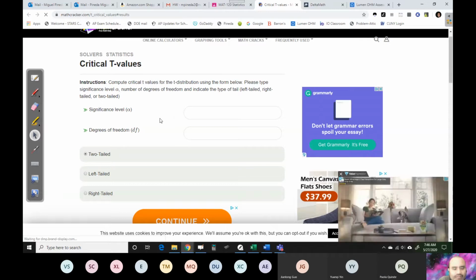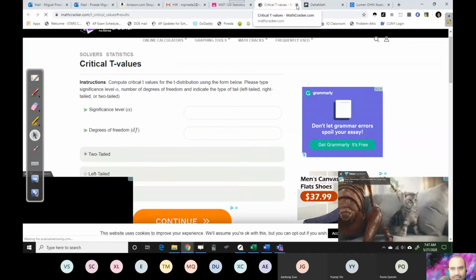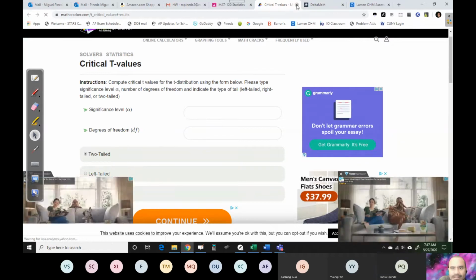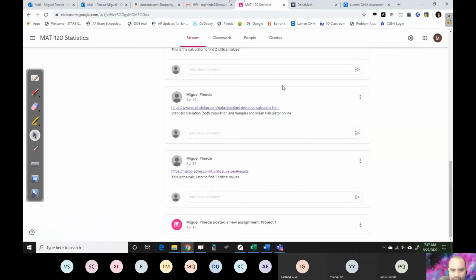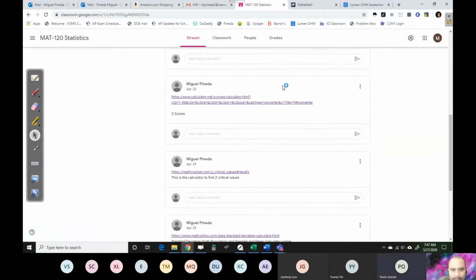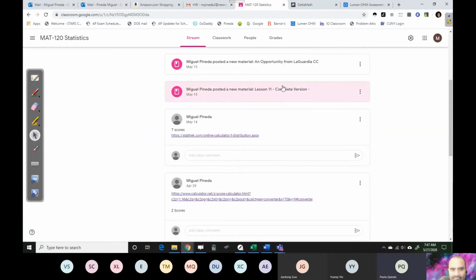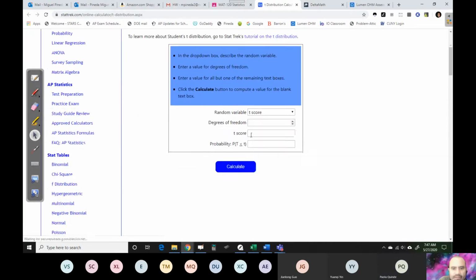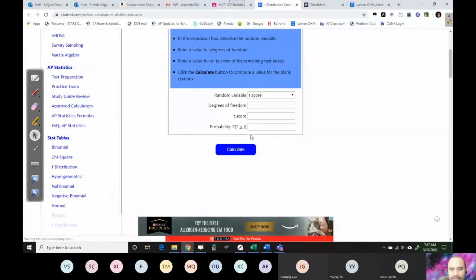We need to find the significance level, which we don't have. I thought I had a calculator for that. Does anybody have any of my calculators to find this? I couldn't find any calculator. You couldn't find any calculator. Ooh, so maybe I need that calculator. Sorry about that. Otherwise, I have to go to the calculator. Let me see if this will give you.